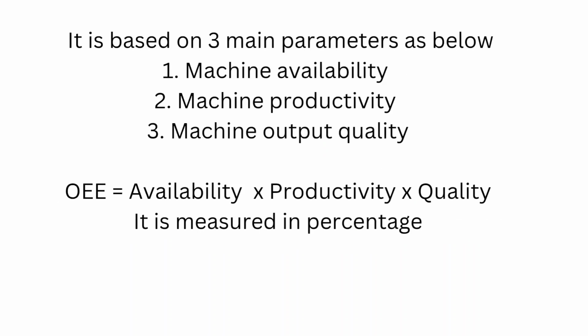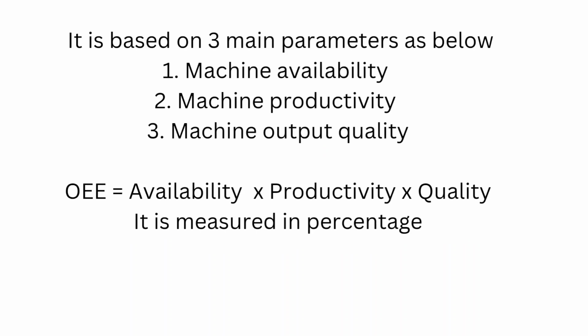Now, OEE is based on three main parameters. First is machine availability, how much time the machine is actually available for production. Second, machine productivity, out of the available time, how much productivity the machine did perform. This we can understand in detail in the coming slides. And third, the quality of the machine output.